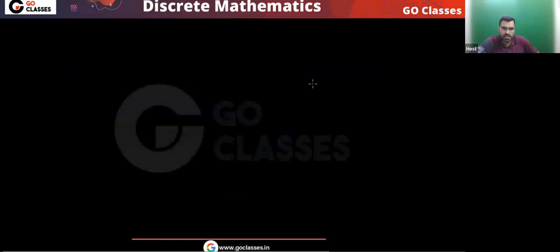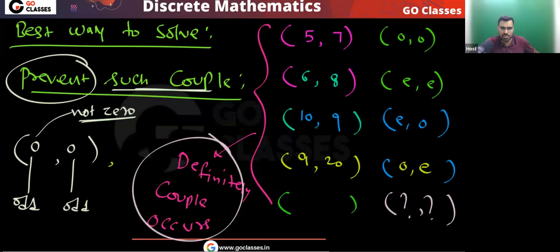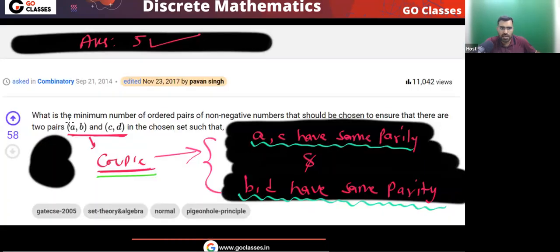See, Anurag is asking, but the question was that both should have the same parity, not only one couple. No. See, the question was this. Read the question. A comma C have the same parity and B comma D have the same parity.